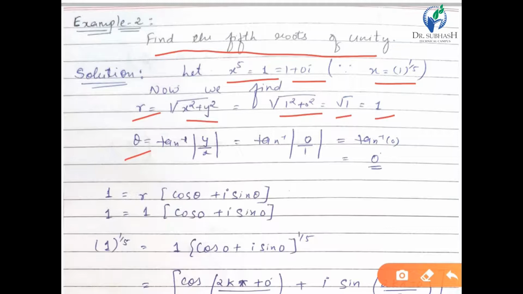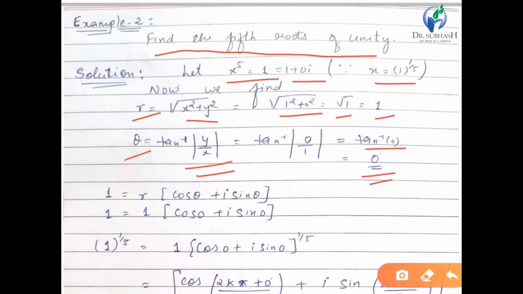Again we find theta now. So we get tan inverse y by x, according to our formula of argument. So we get tan inverse 0 by 1. Tan inverse 0 is 0. So we get the value of theta as 0.